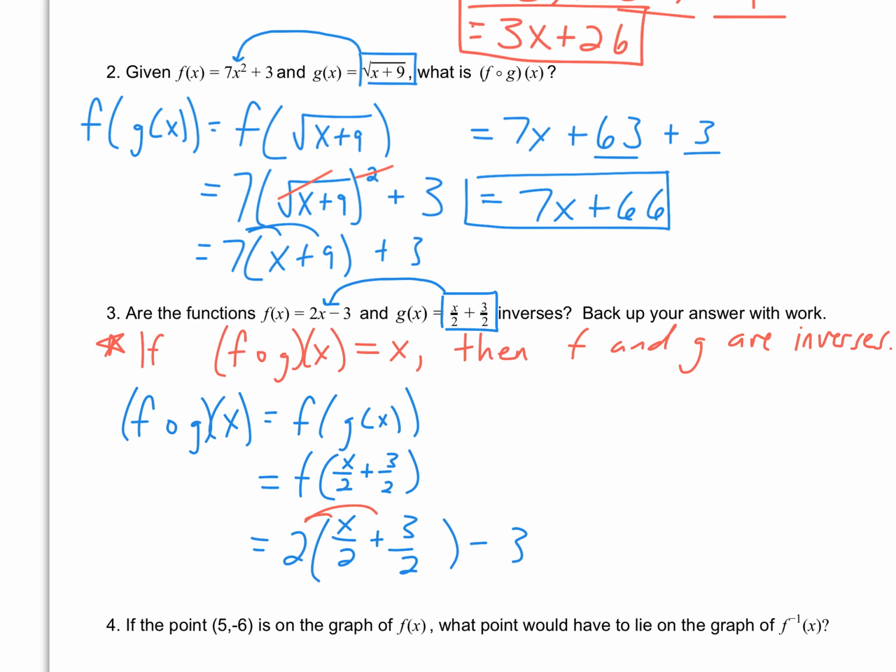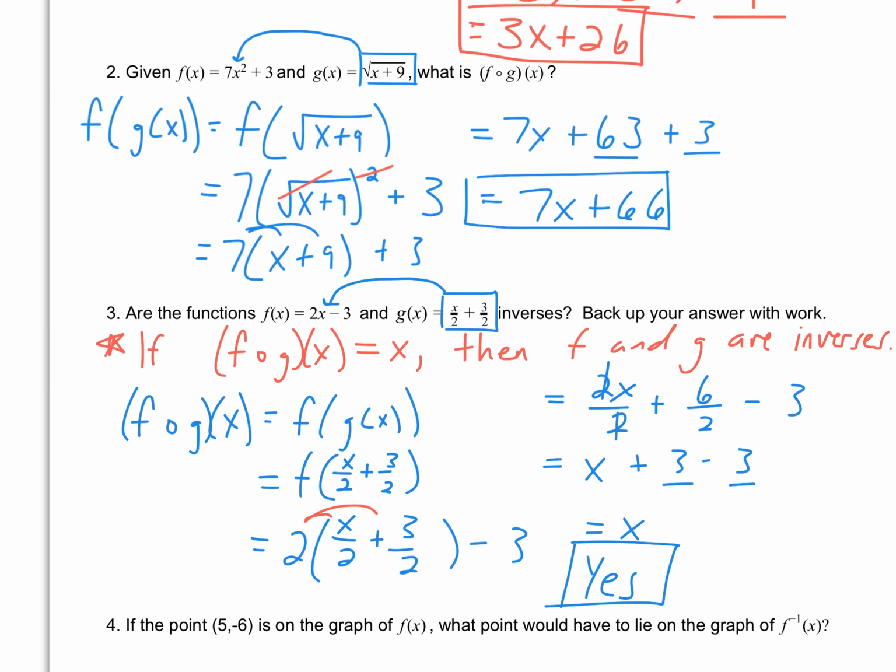Well, that's 2x over 2, which will simplify. That's 6 over 2, which will simplify, minus 3. That's just x. 6 over 2 is 3. Combine like terms. 3 minus 3 just gives me x, which means, yes, they are inverses because it simplifies to just x. And that would be my work that I'm backing up my answer with.